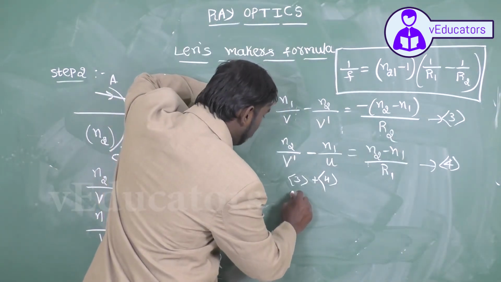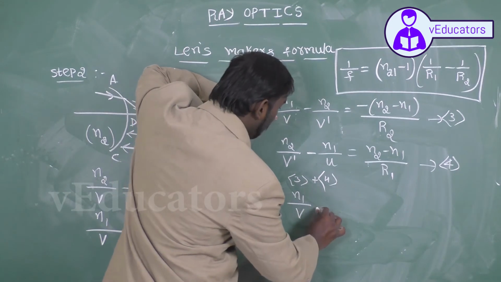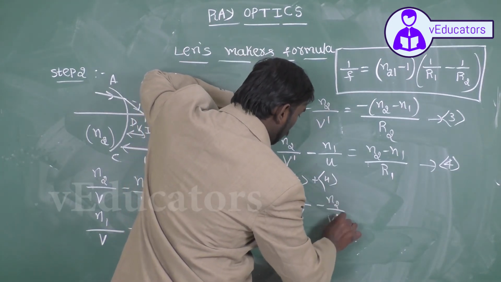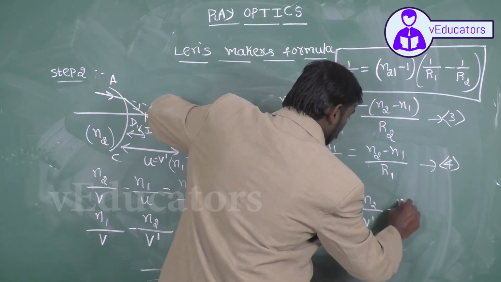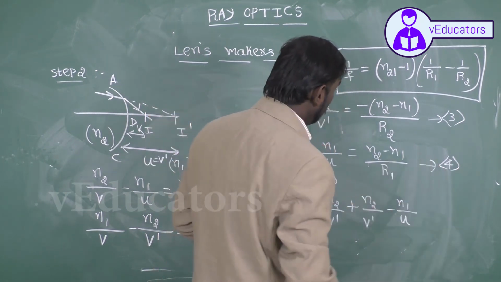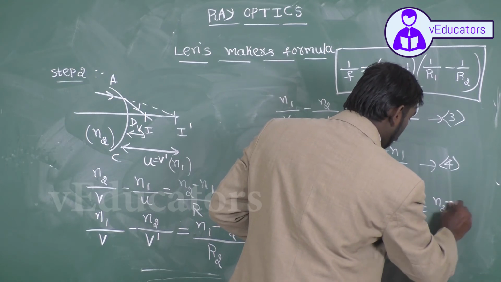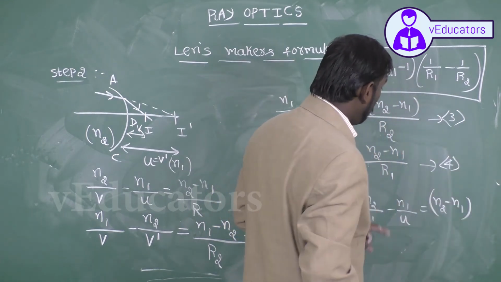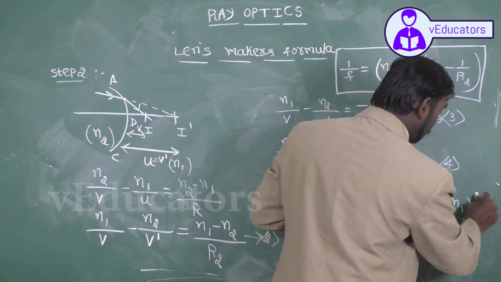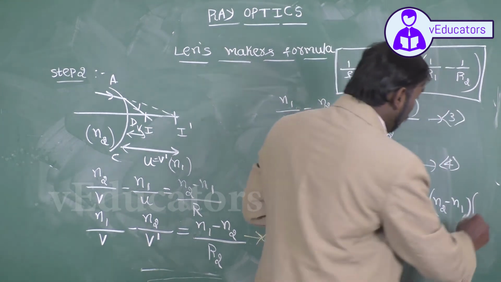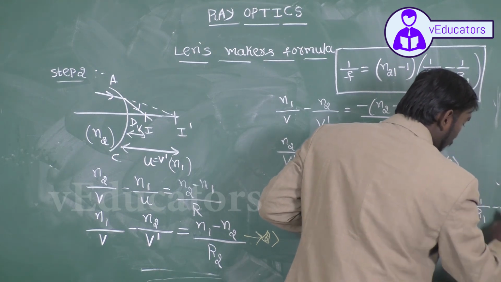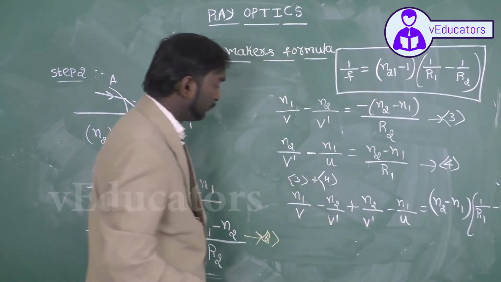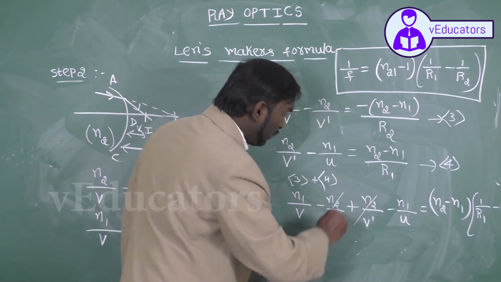Say this: n1 by v minus n2 by v dash plus n2 by v dash minus n1 by u is equal to n2 minus n1 into 1 by R1 minus 1 by R2. I can cancel these two terms.